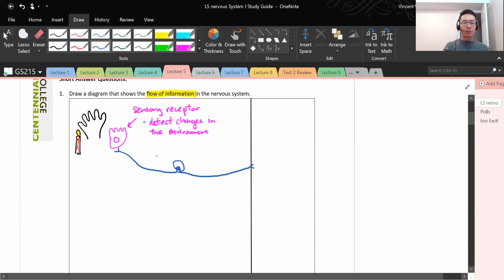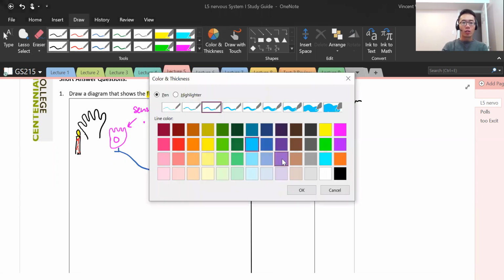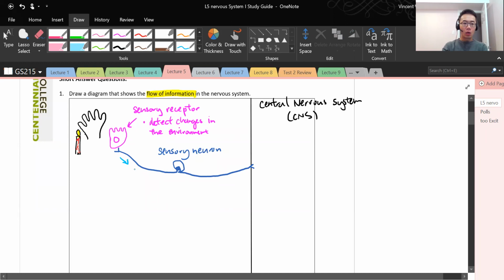So this is a sensory neuron. And it will convey that information all the way to your central nervous system, or the CNS. And again, the CNS is either your brain or spinal cord. So the information that something is hot is going to be transmitted along the sensory neuron.